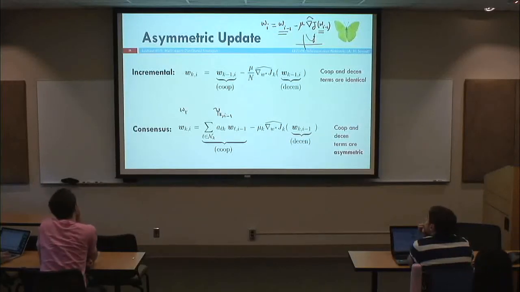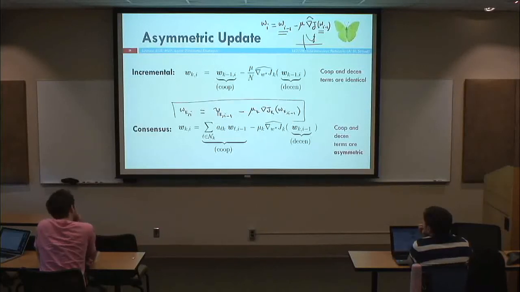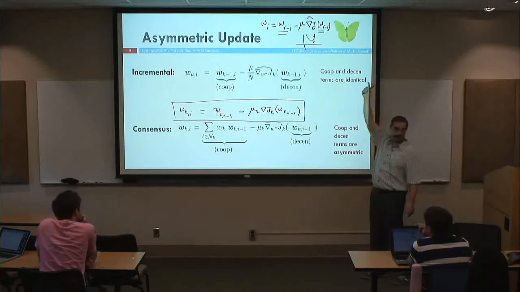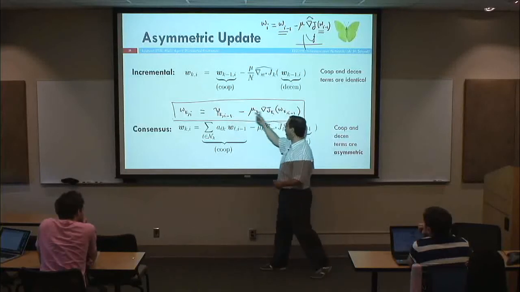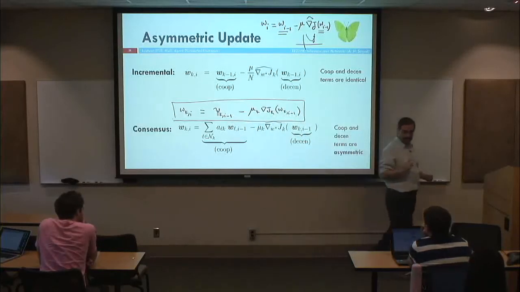So the new estimate is psi_{k,i-1} minus mu_k times the gradient of the cost at w_{k,i-1}. On the face of it, this looks very similar to a gradient descent recursion like the one you have, except that the point where you start is different from the point where you evaluate your gradient, right?